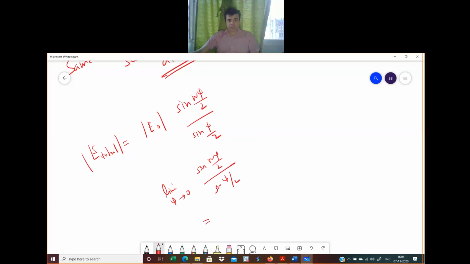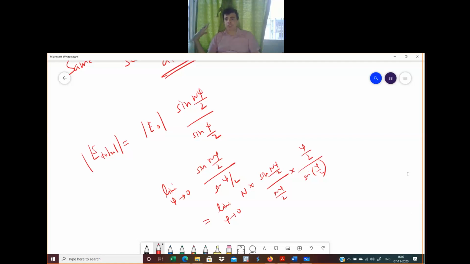So we can write limit psi tends to 0, n times sine n psi by 2 by n psi by 2, into psi by 2 by sine psi by 2. Is it okay to write in this way? Right?